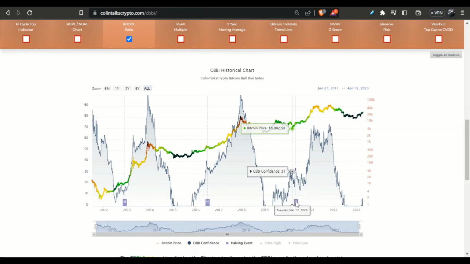So mainly this is the halving. If you notice, here is the halving date on this line, and here is a halving date, and here is a halving date. Technically, based on this indicator, the RHODL ratio alone, we usually tend to be coming all the way up until the halving date. We either dip on halving date or we dip a little bit.